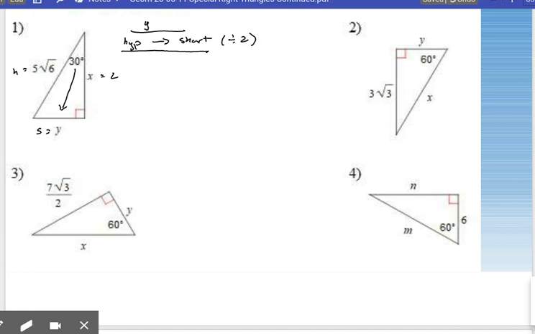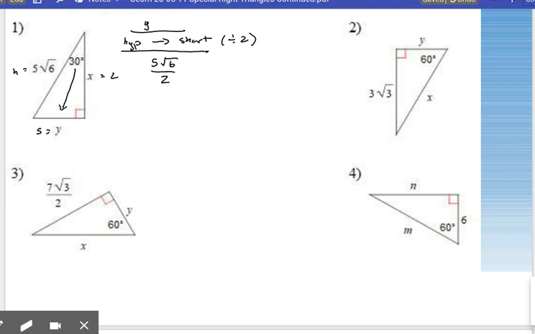So 5 square root of 6 divided by 2. I can leave it as is. If I do choose to, I can make that a decimal though.